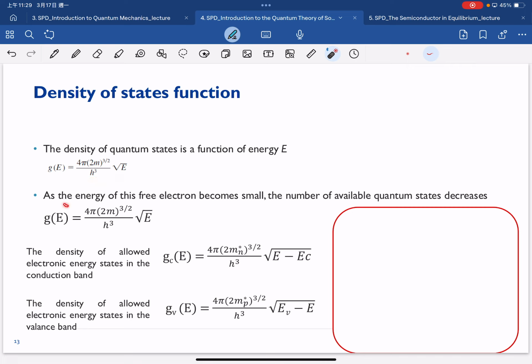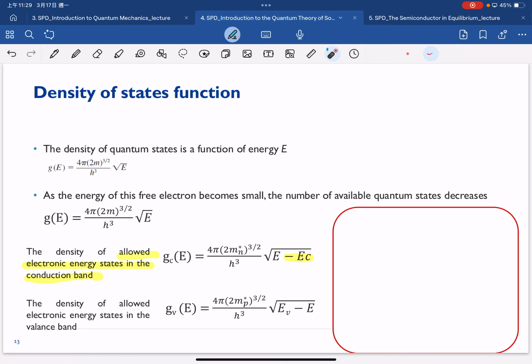And as the energy of these free electrons becomes small, the number of available quantum states decreases, so it can be expressed by this. Therefore, the density of allowed electron energy states in the conduction band is described by this equation as a function of E minus EC.